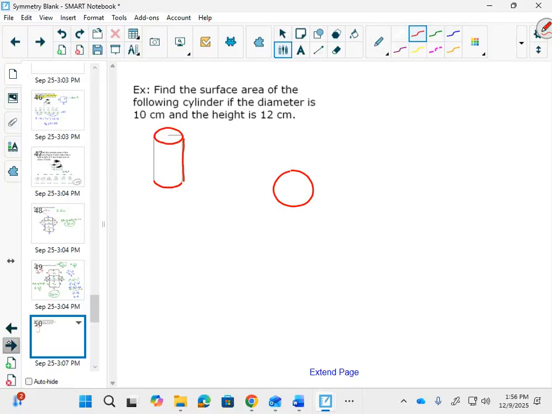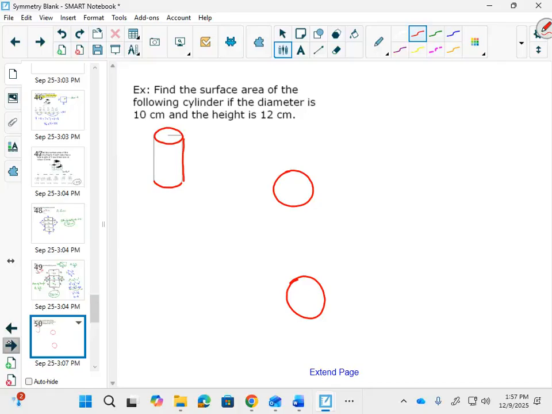There would be a circle on the top, a circle on the bottom, and if you don't know, like this water bottle is like a cylinder, right? Completely around, okay? Another thing that you probably know at home is like if you ever buy a soup can, it's a cylinder.